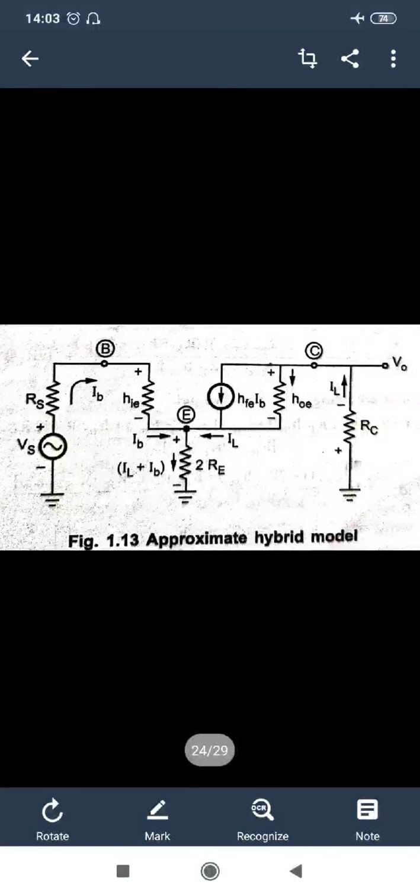According to the H parameter model AC equivalent circuit, we have Vs, series resistance Rs, HIE, HFE IB, HOE, twice Re with total twice IE current, and output RC. So I calculate AC as minus HFE RC upon Rs plus HIE plus twice Re times 1 plus HFE. The common mode rejection ratio is AD divided by AC, that is Rs plus HIE plus twice Re times 1 plus HFE upon Rs plus HIE.